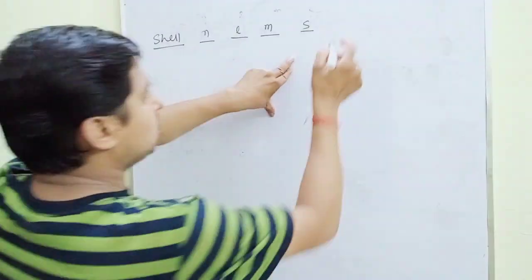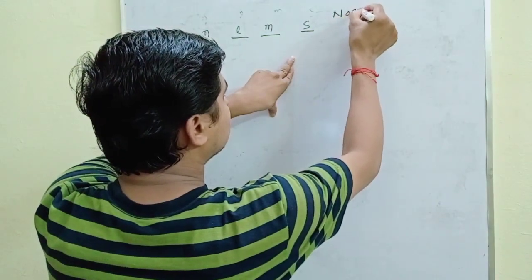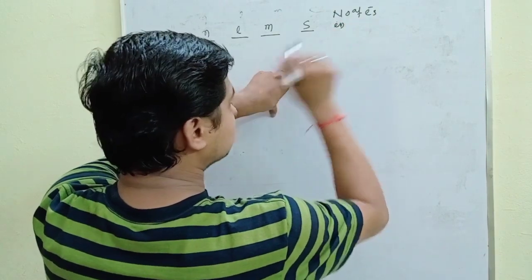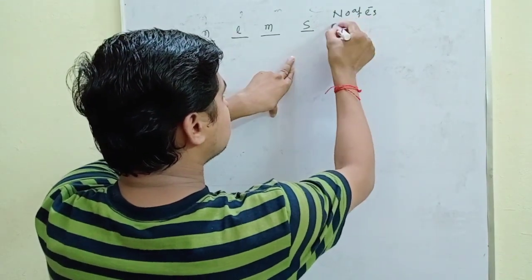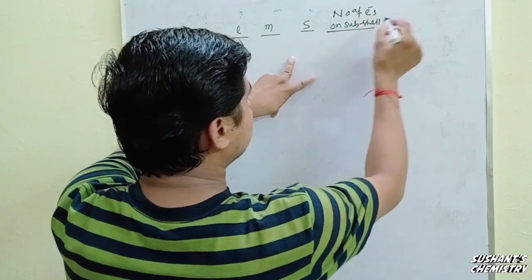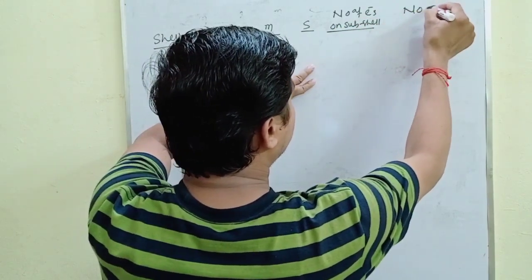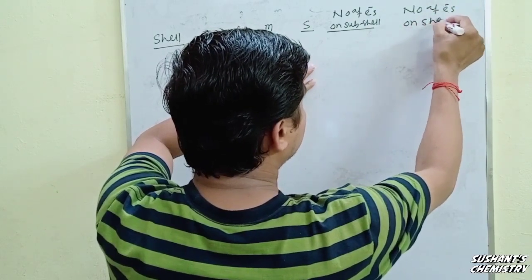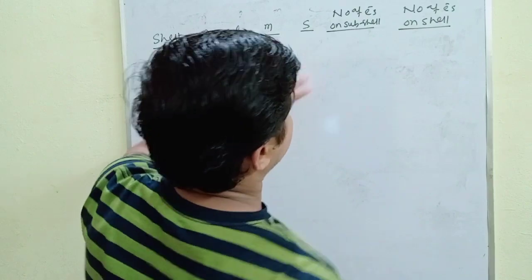That is number of electrons on subcell, number of electrons on cell, that is main cell.